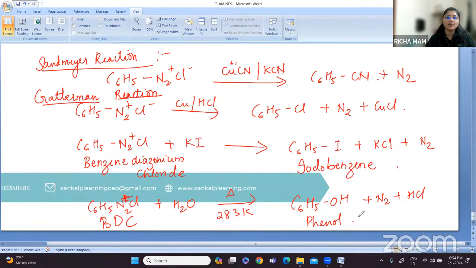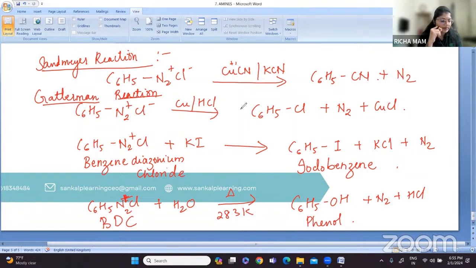So there are various reactions which can be done on benzene diazonium chloride. We have seen the reduction of nitro compounds, Gabriel phthalimide synthesis, Hoffmann, then carbylamine, diazotization, then bromination.